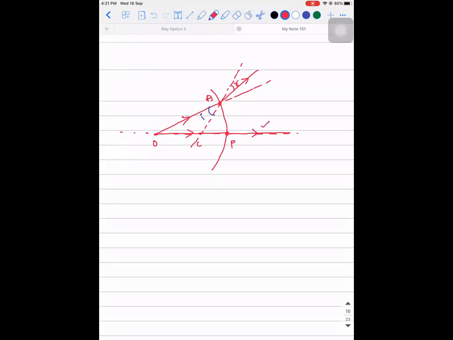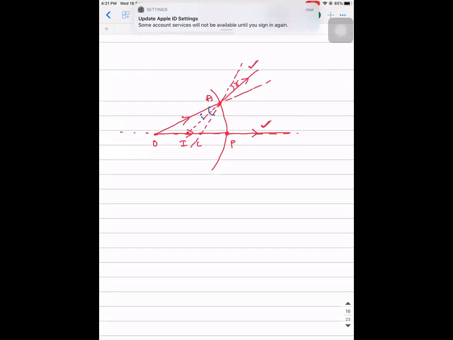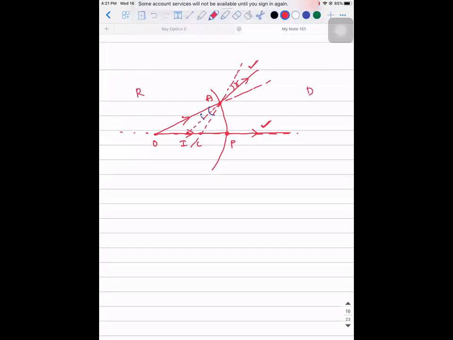So is there a possibility for the second refracted ray and the first refracted ray to meet? No. Then what kind of an image is formed? Virtual image. Provided the ray is traveling from rarer to denser, and here the refractive index is mu1, and here it is mu2. I hope these things are clear.